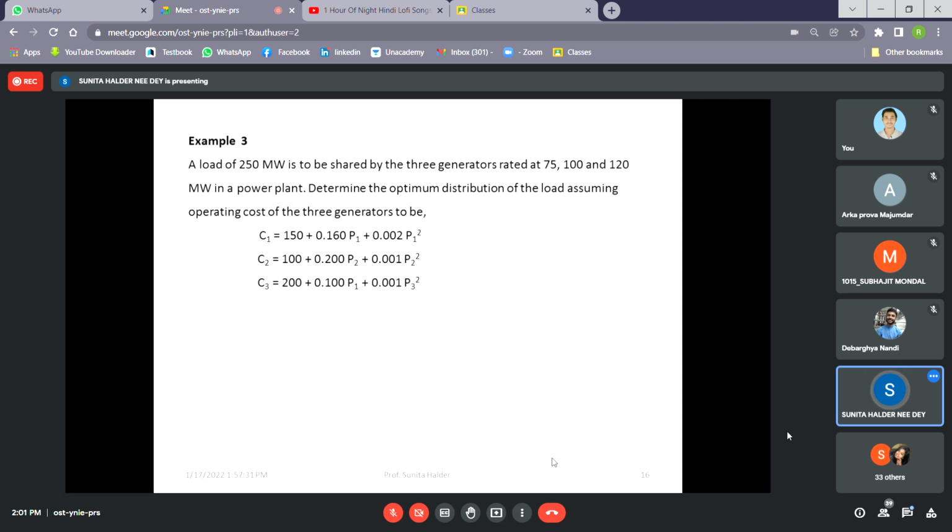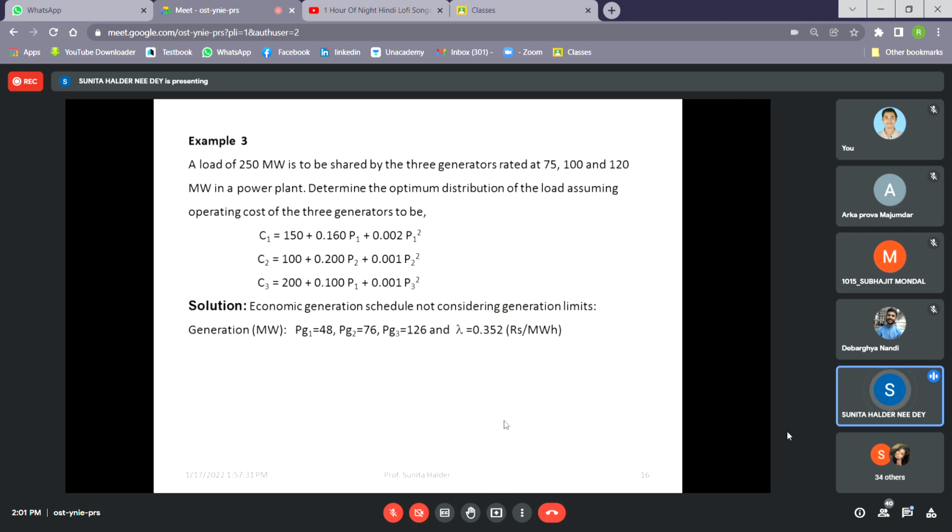Theoretically it may be possible, but practically there is always some positive minimum limit. So the generator will be running, but the input will be lower. Here nothing is given on the lower side, so we shall assume the minimum generation as 0.